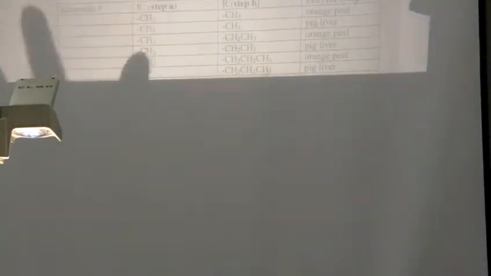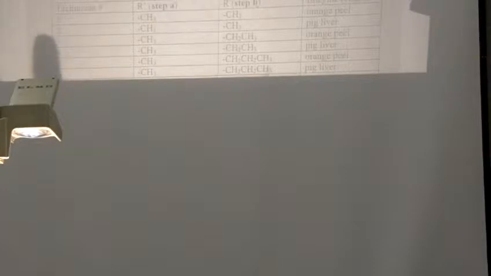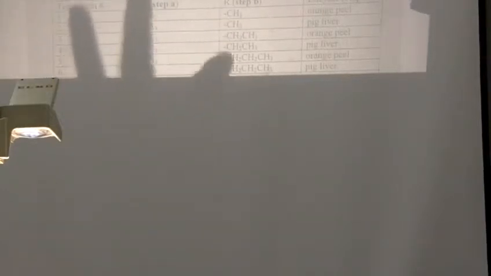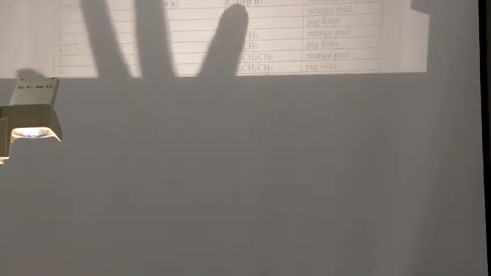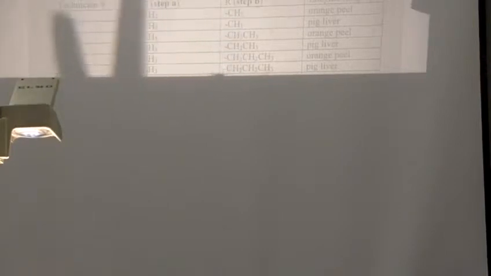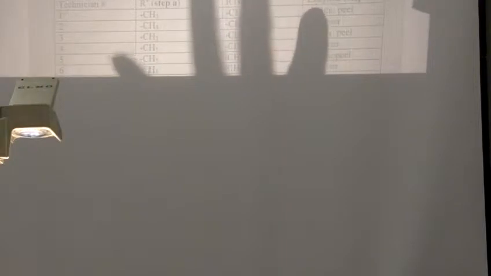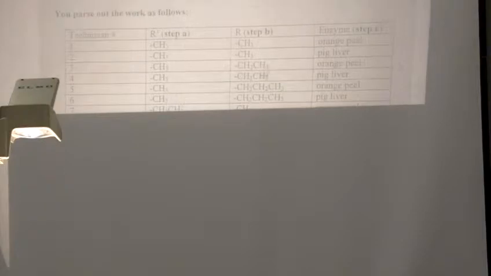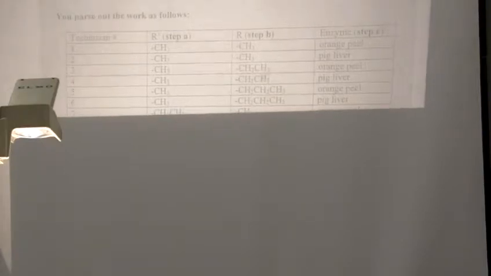So everybody's going to have R prime as a methyl group. Then here is where your acid chloride comes into play, whether you're making the methyl group, ethyl group, or propyl group. And then in 2 weeks, which enzyme you're going to use to see if your diester gets chewed up and which end of it gets chewed up, okay? Everybody okay so far? Okay, so that was kind of the quick introduction of experiment 20.